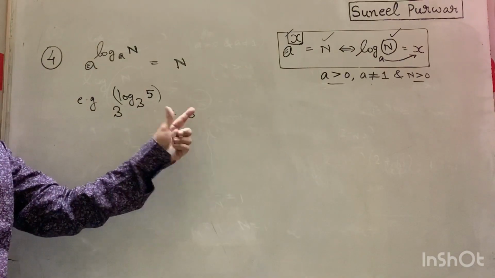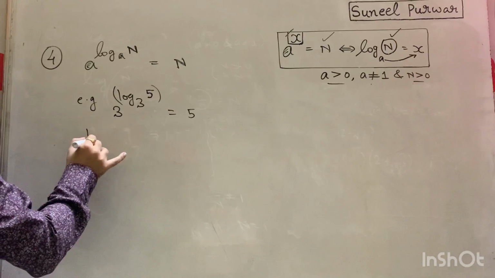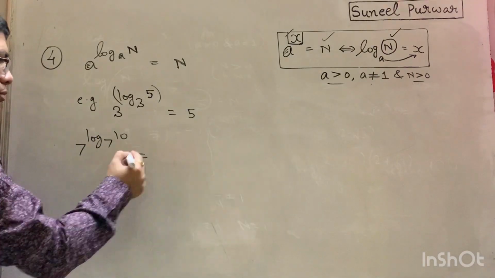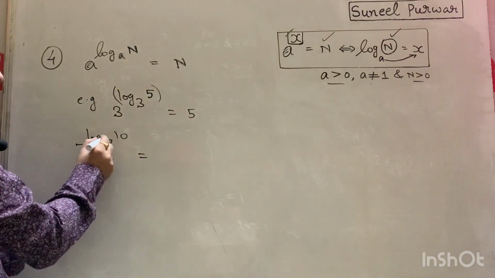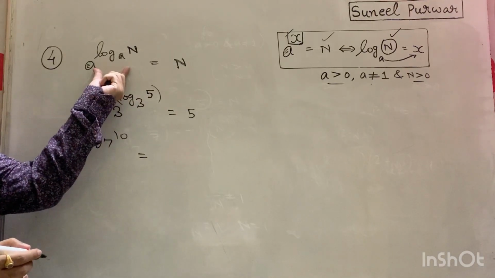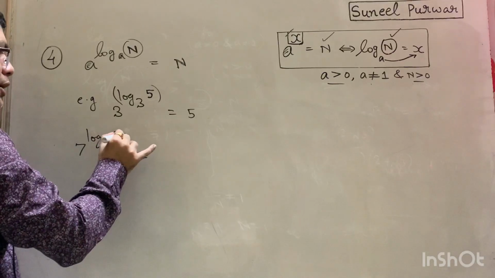That's going to be your answer. Say 7 to the power log of 10 base 7. How much is that? Base is 7 here, same base repeated. So it resembles this format, and in this format the answer is going to be this number. And what is that? 10.